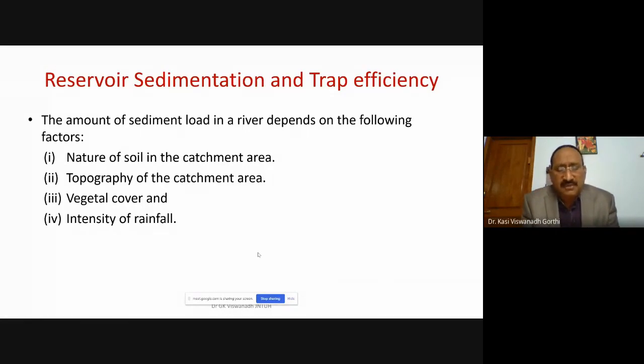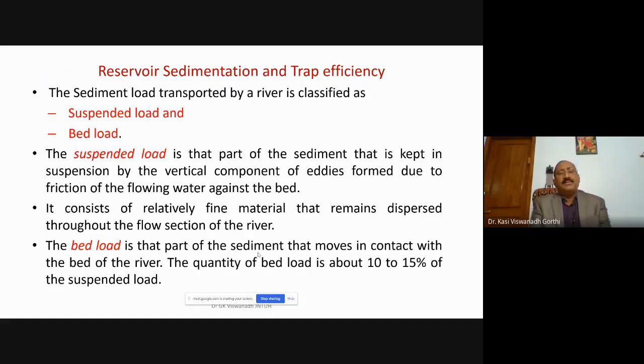With more intensity of rainfall, the droplets directly create an impact on the catchment or drainage area. The silt particles try to move away and get detached from their original position. So it depends basically on four parameters: nature of the soil in the catchment, topography of the catchment, vegetation cover, and intensity of the rainfall.